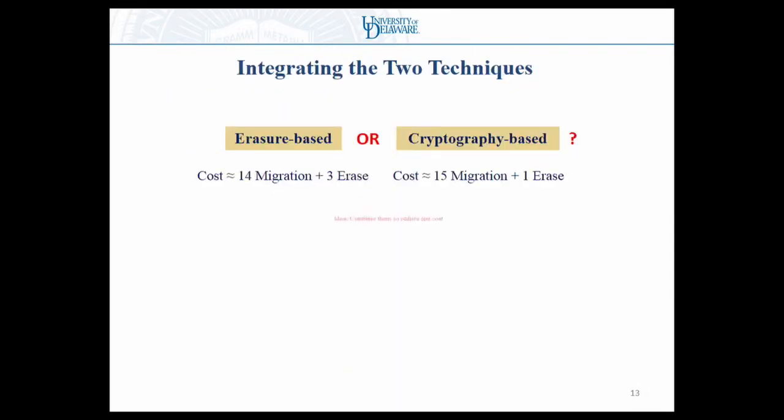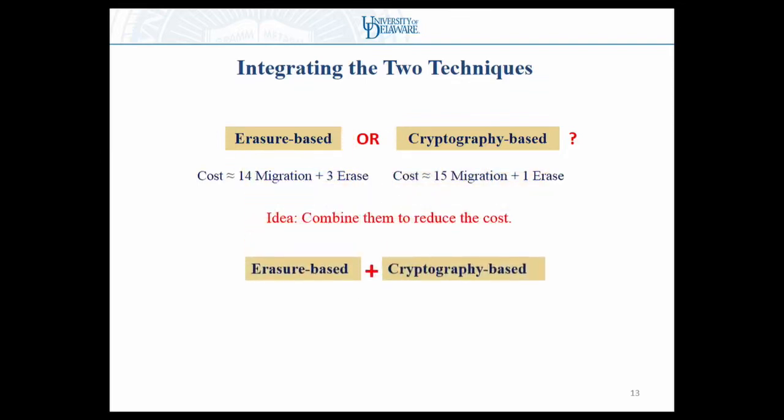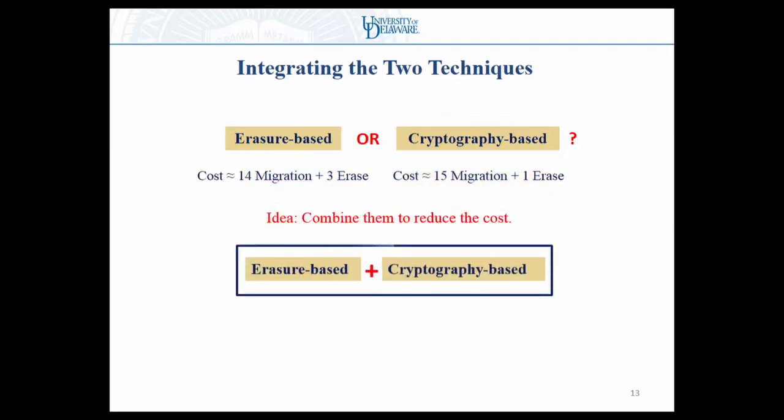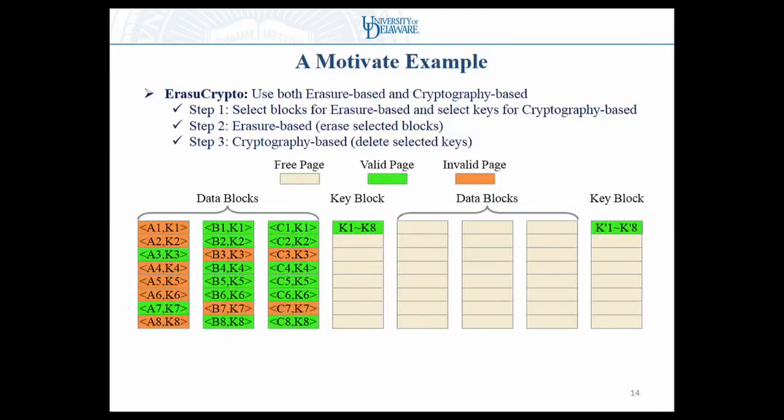So I thought, why not combine these two together? We call this scheme ErasuCrypto. In this scheme, we first choose which blocks to erase and which keys to delete. For example, we choose the first block for the erasure-based scheme, meaning we migrate the valid pages and then erase it.